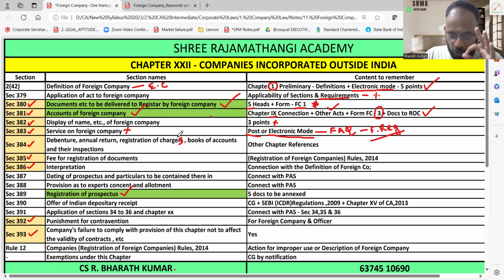See what I am writing here. I will write here itself and finish this chapter. Debenture talks about 4, annual returns 7, registration of charges 6, books of accounts 9, and inspection, inquiry, investigation, not in your purview, but in CA Final or the self-paced module, it will come in chapter number 14.